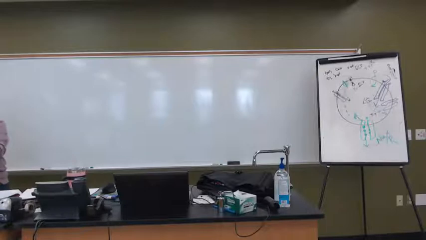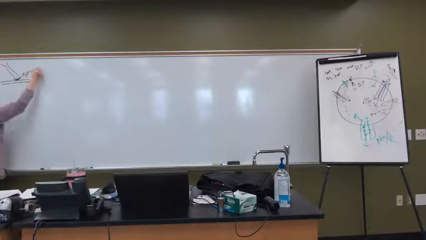Okay, is everybody following me? So I'm going to need that nerve to meet a muscle cell. And I wish I was a better artist, okay, but I'm not. At the point where the nerve meets the muscle, I have a synapse.